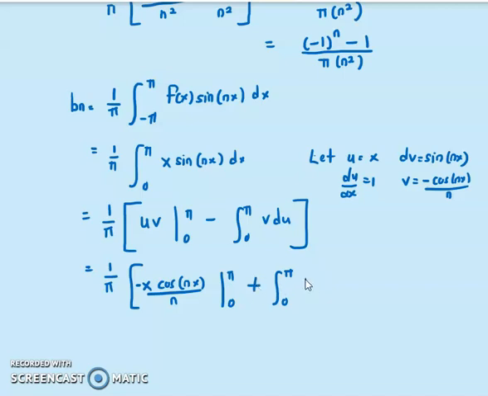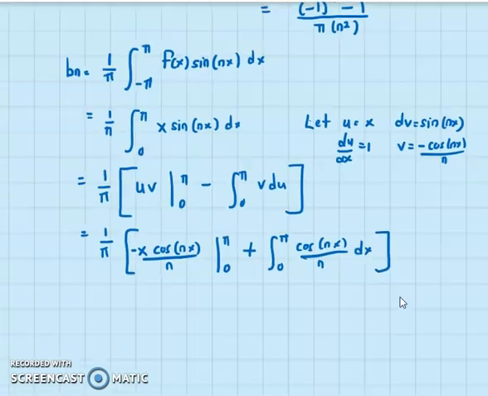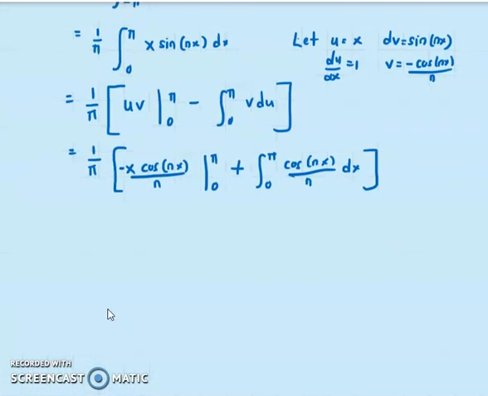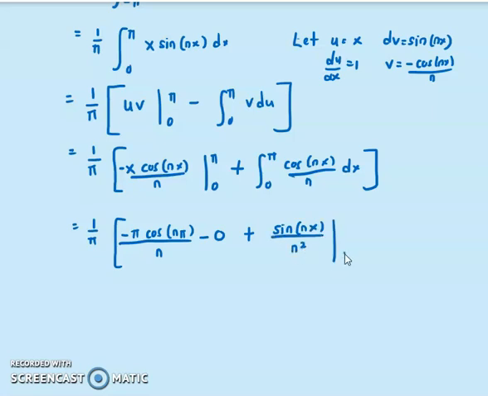So I'm going to just put positive here, cos nx over n dx. Okay, now all we got to do is to integrate this and simplify. So when I put pi here, cos n pi over n minus 0 plus integrate cos will give me sine nx over n squared from 0 to pi.